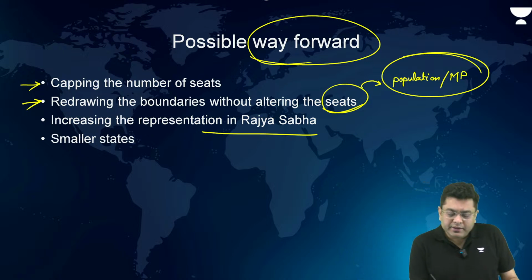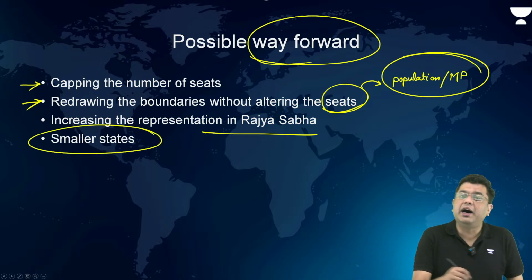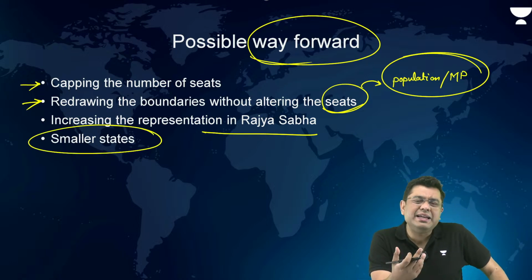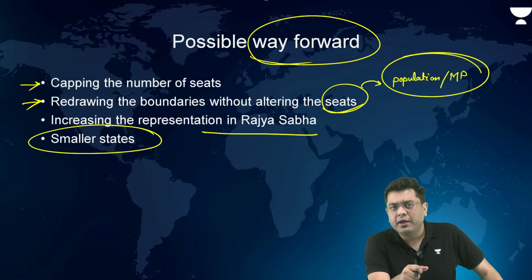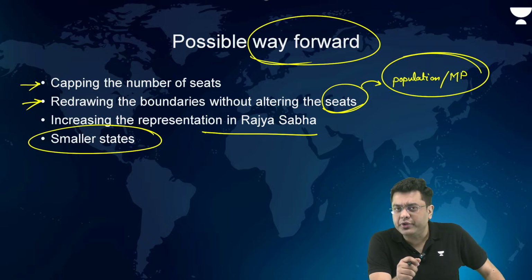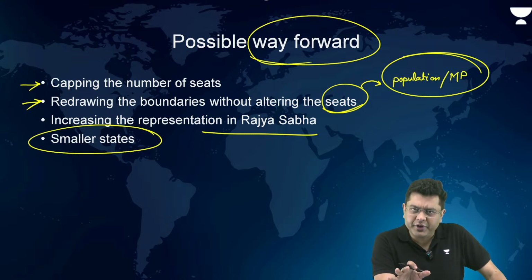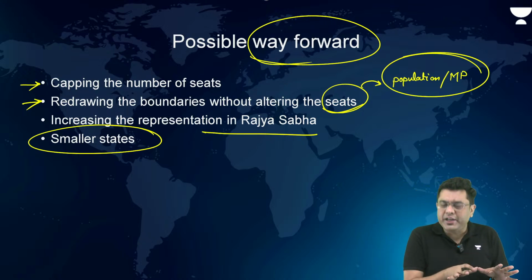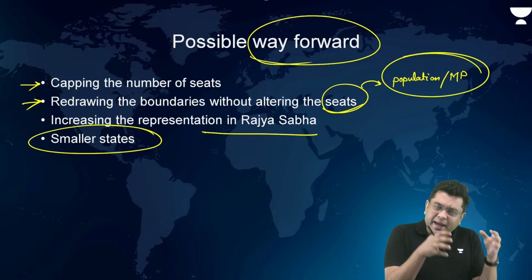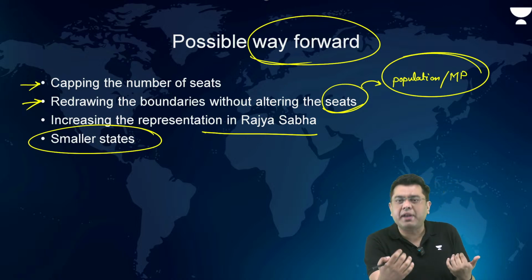Then this also brings us to the argument that isn't it more justifiable, for administrative efficiency, to carve out smaller states? For administrative efficiency, for better utilization of funds, and for better entrenched and decentralized development.